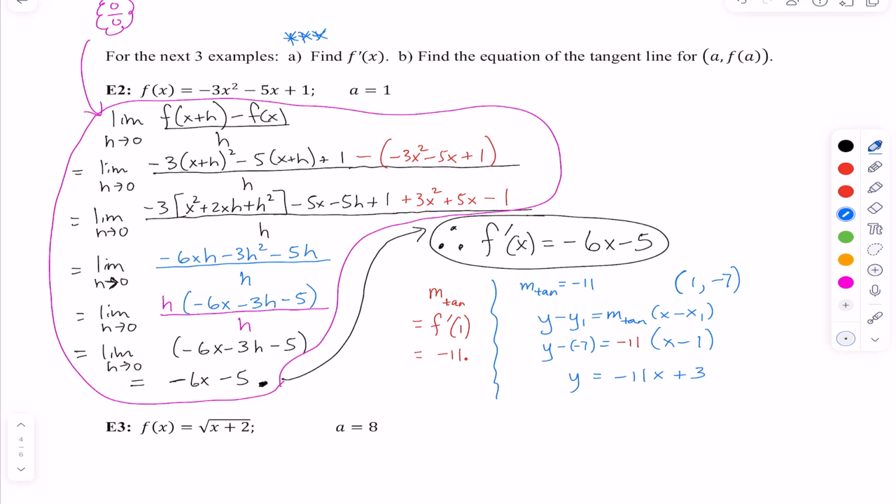Oop, I think that should be a 4. Yep, there's your equation of the tangent line. And since that slope is negative, we know the function is actually decreasing when x equals 1 or when a equals 1.